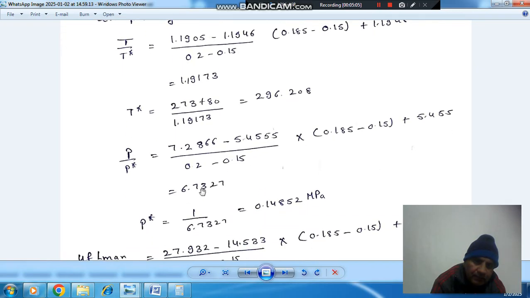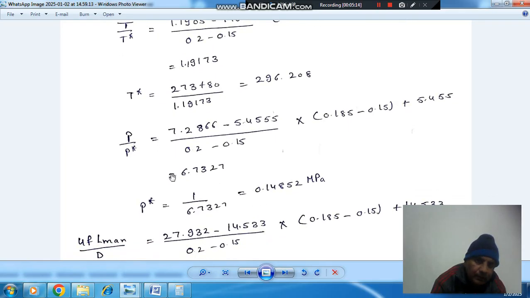So P by P star comes out as 6.7327. So P star comes out as 0.14852 atmosphere because P is 1 atmosphere.